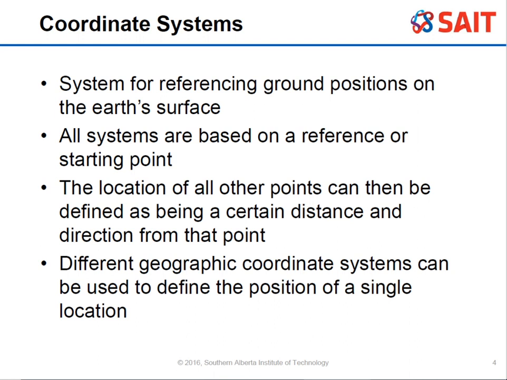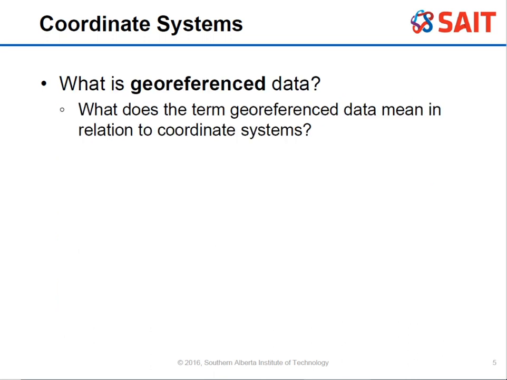We have a distance, and then we also know the direction based on the axes of the coordinate system itself. And every coordinate system has a different way to define that position, whether it be on curves, whether it be straight lines, and where that X and Y direction is actually pointing.